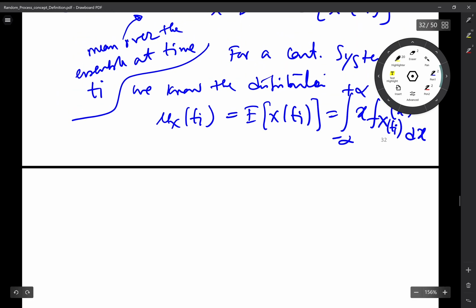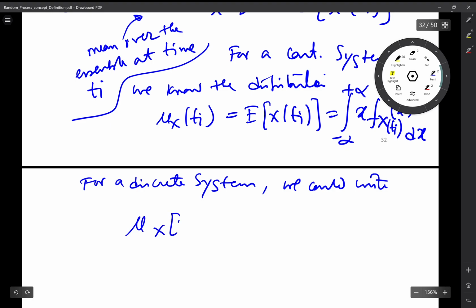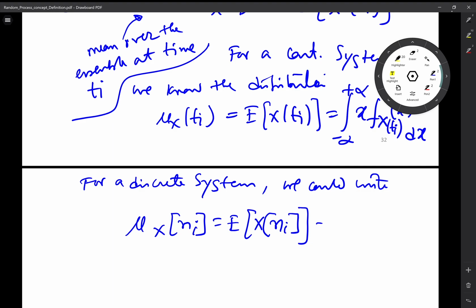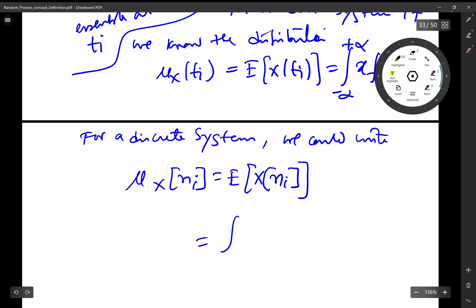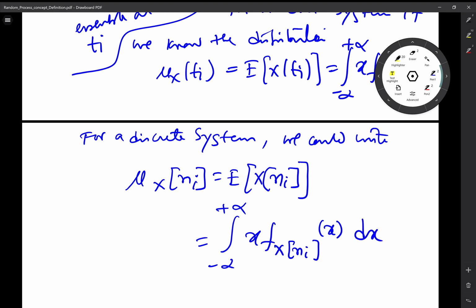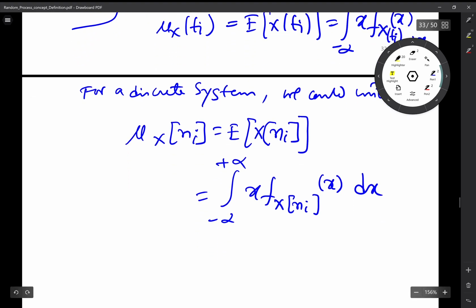For a discrete system, we could write mu x of n_i equals the expectation of x(n_i), which equals the integral from minus infinity to plus infinity of x times f of x at n_i, dx. So this is over the ensemble.